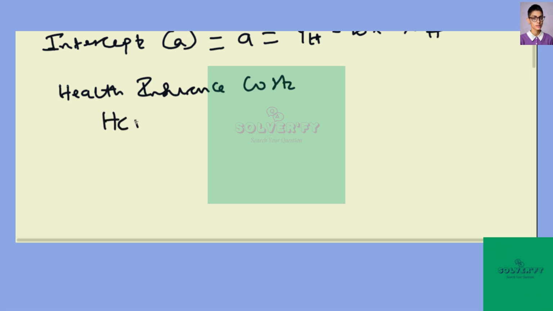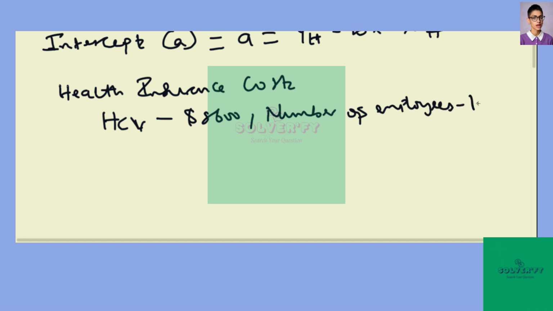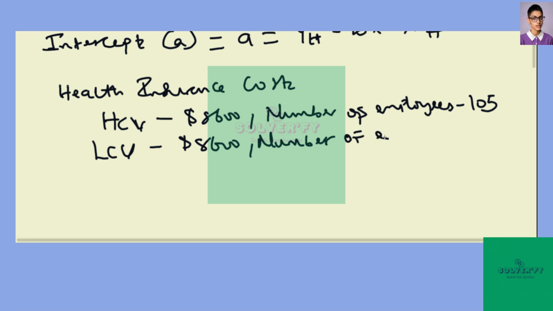The highest cost value is 8,600 and the number of employees is 105, and the lowest cost value for health insurance cost is 8,600 and the number of employees is 68.